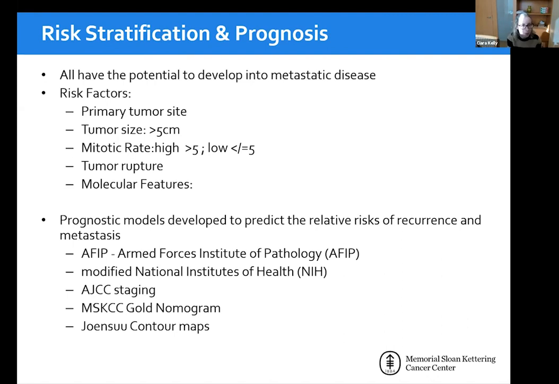And then we also look at molecular features. So we utilize all of these characteristics of the tumor to determine whether a patient is at, let's say, intermediate or high risk for recurrence, and then whether or not adjuvant therapy should be considered. And I've just listed out the classification schemas or nomograms that we will use to help us predict risk of recurrence.